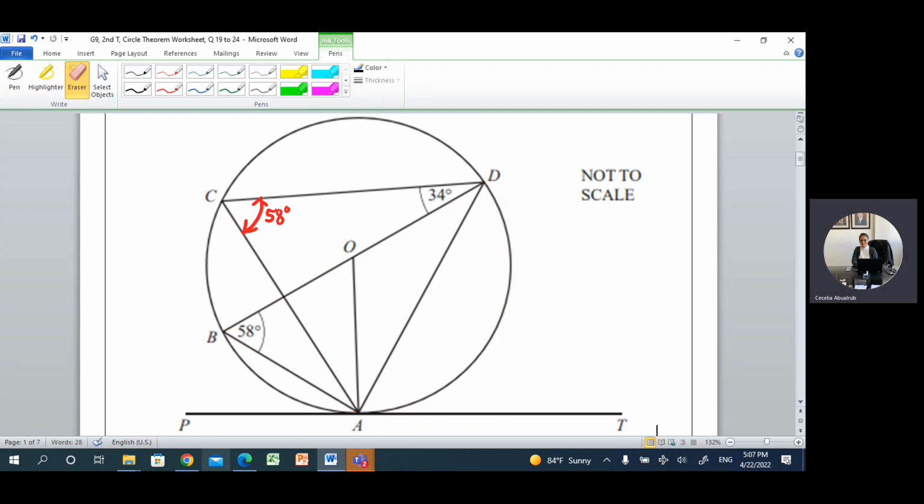All right, let's think of another angle that we can find just by looking immediately at the shape. This angle is an angle in a triangle, which is this one.